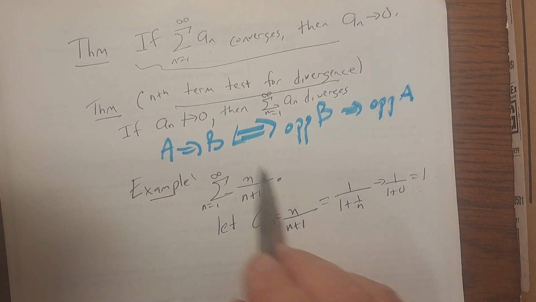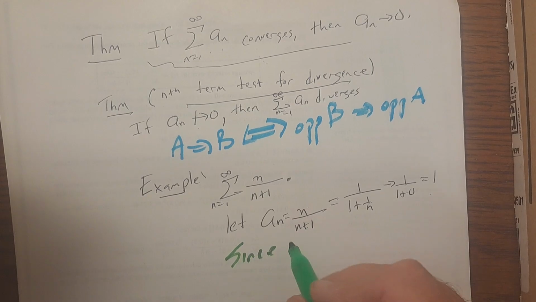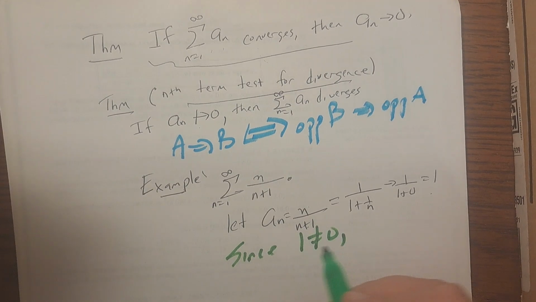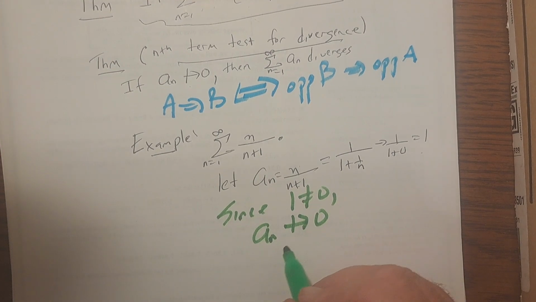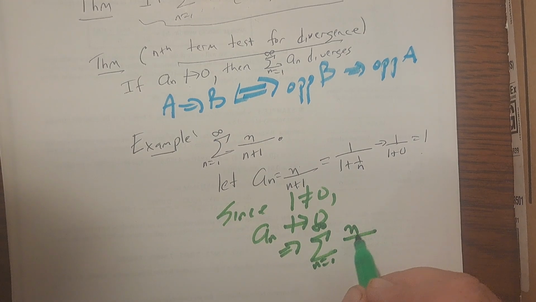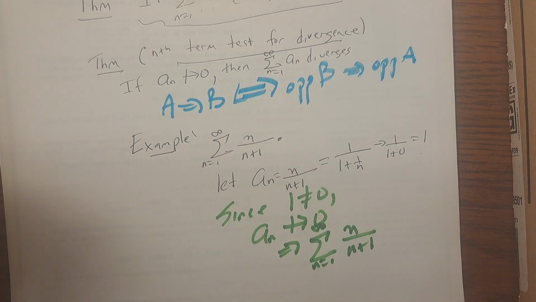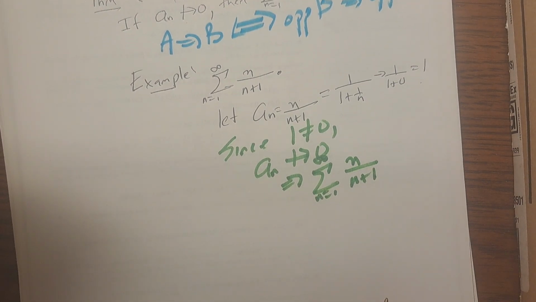But that means the sequence doesn't go to 0. So because 1 is not 0, a sub n doesn't go to 0. And that means that this sum diverges by the nth term test of divergence.